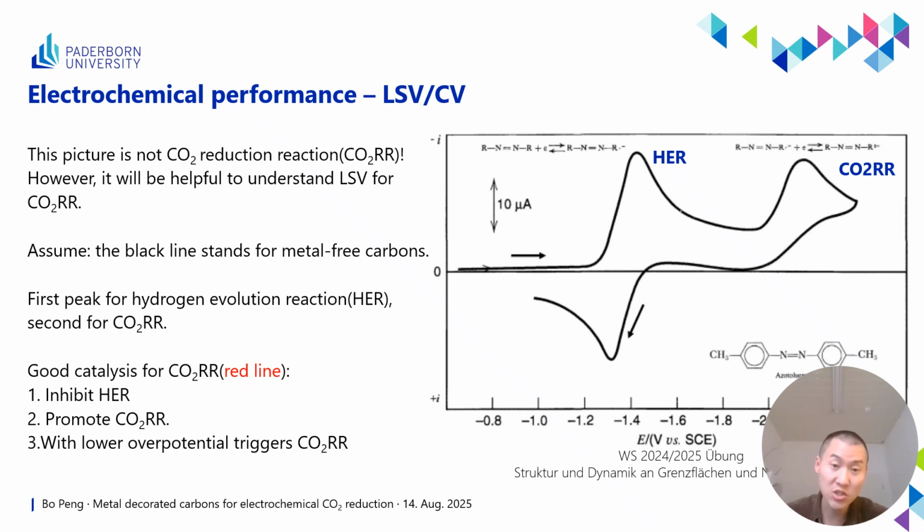This picture is not the CO2 reduction reaction, but it will be very helpful to understand the linear sweep voltammetry for CO2 reduction. Let's assume the black line is for the metal-free carbons. The first peak is for the hydrogen evolution reaction, and the second peak is for the CO2 reduction reaction.